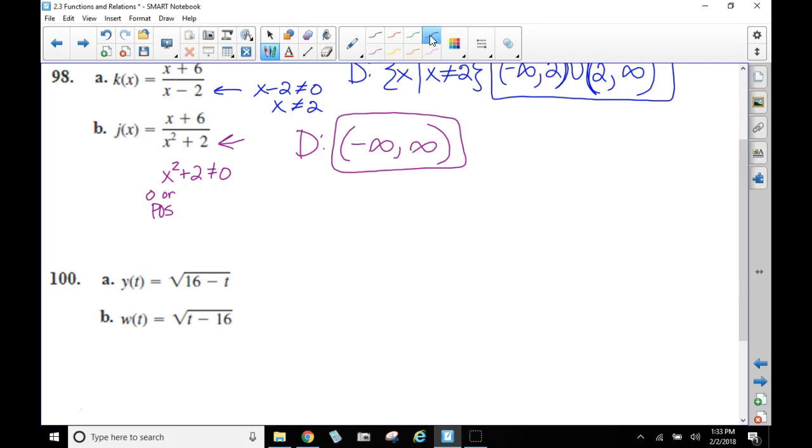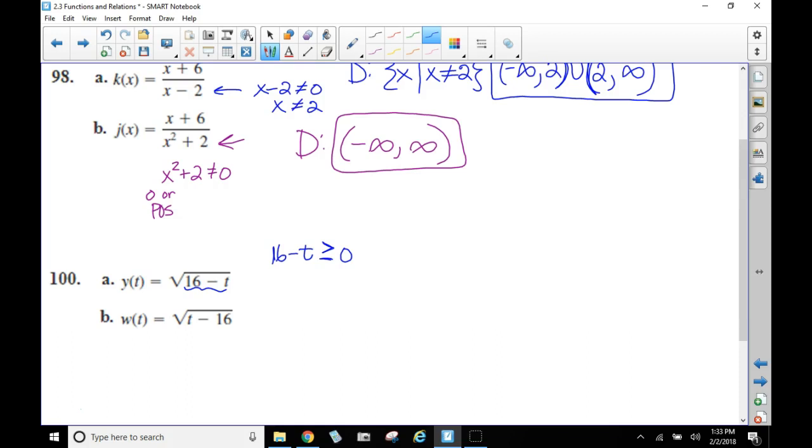On problems like this, take your radicand, that's the 16 minus t, and say, all right, we're going to have values for t in our domain as long as that radicand quantity stays greater than or equal to 0. That means 0 or positive. We can always take the square root of 0 or a square root of a positive number, and that's what that greater than or equal to 0 guarantees.